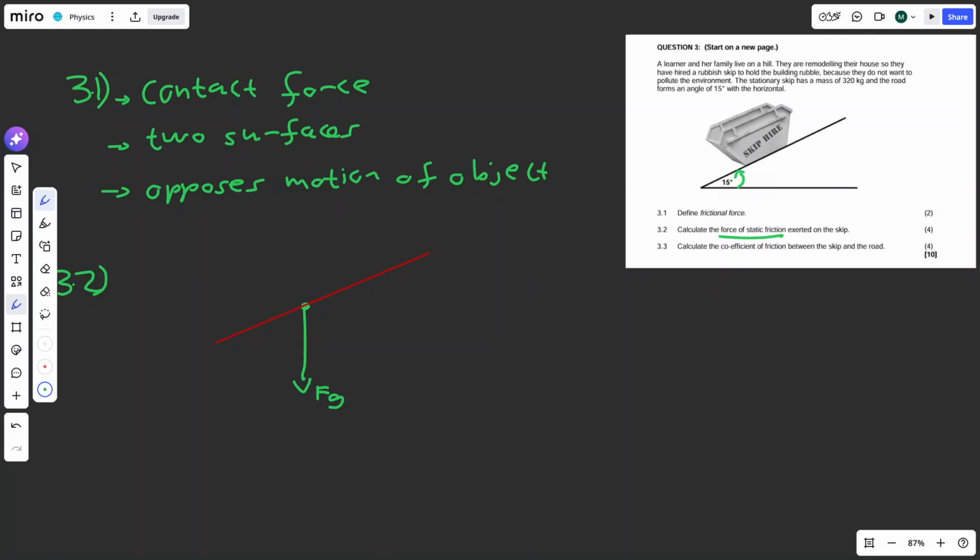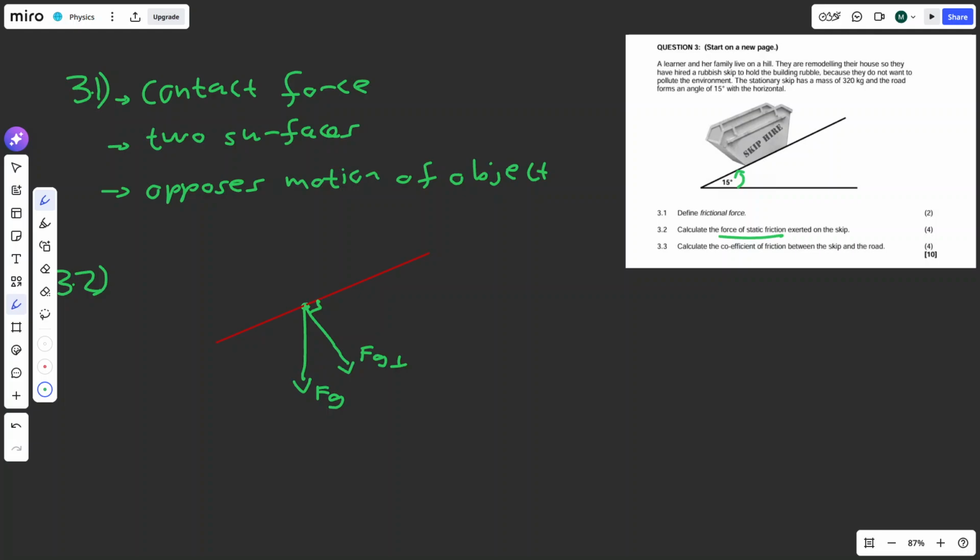There are two components here. The perpendicular component acts perpendicular to the plane, so that will be FG perpendicular.